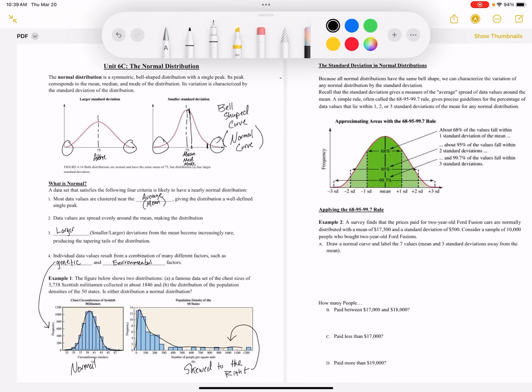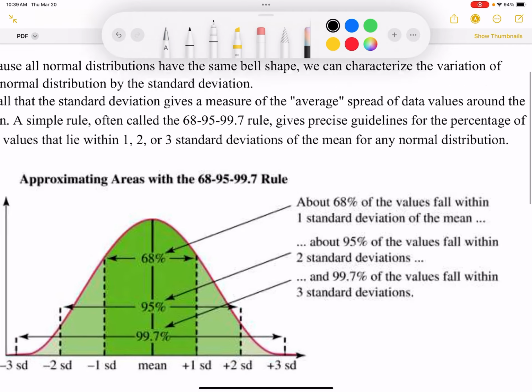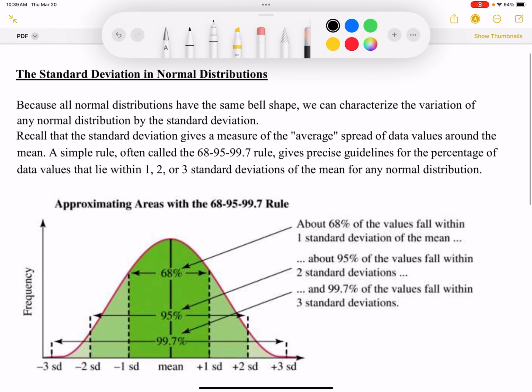All right, so let's continue with normal distribution. Because all normal distributions have a bell-shaped curve, you can characterize the variation of any normal distribution by the standard deviation. That's one of the big points of standard deviation. Recall that a standard deviation gives the measure of the average spread of the data.